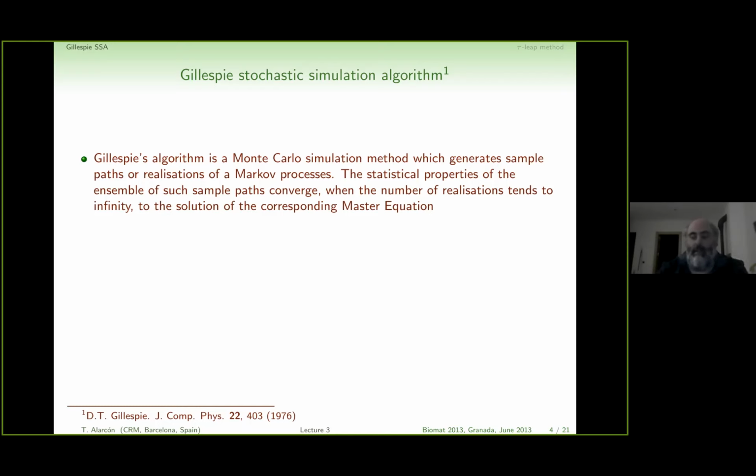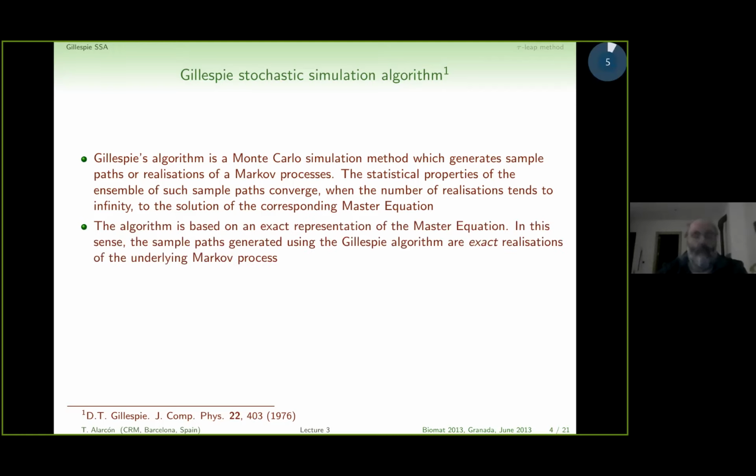This is why it is a very good algorithm to benchmark things. As we will see, it can become inefficient from the computational point of view. It requires a lot of computation time, and then you need to formulate alternatives. But it is a very good thing to have as a benchmark, because you are sampling the true solution of the master equation.